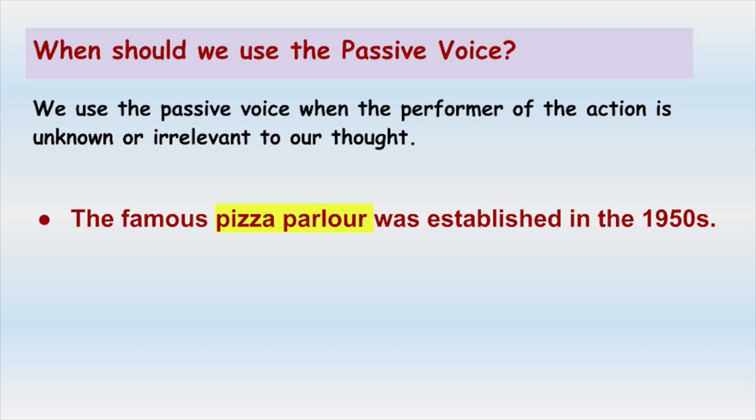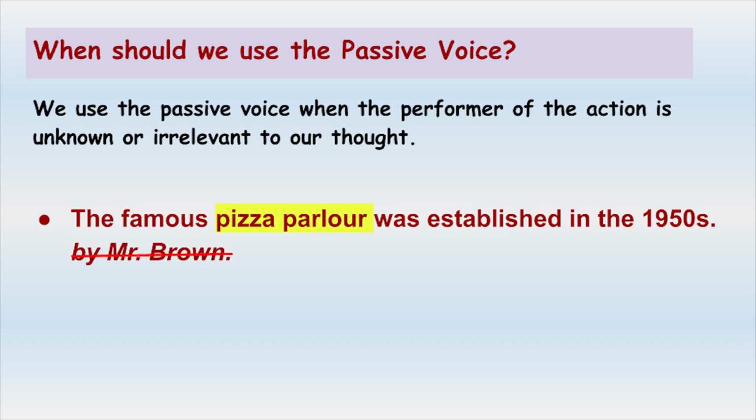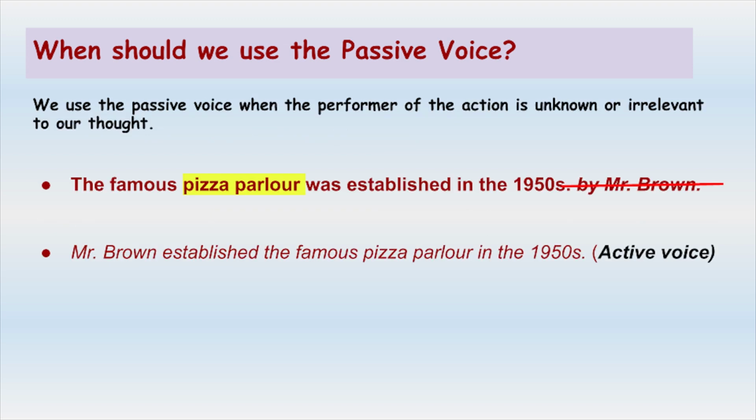We could have given more information and say, the famous pizza parlor was established in the 1950s by Mr. Brown. But since our focus is on the pizza parlor and not who established it, we omit the by and the subject, Mr. Brown. If we wanted to be more direct, then we would have written this in the active voice. Mr. Brown established the famous pizza parlor in the 1950s.